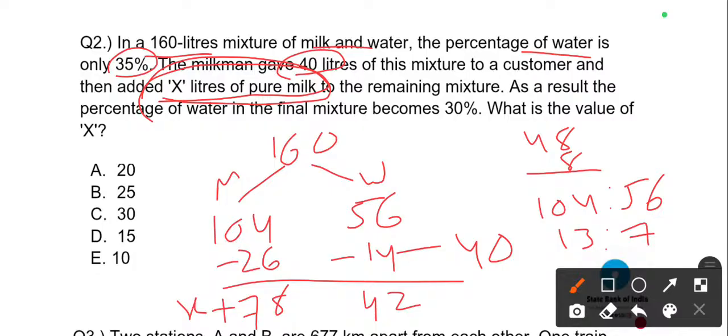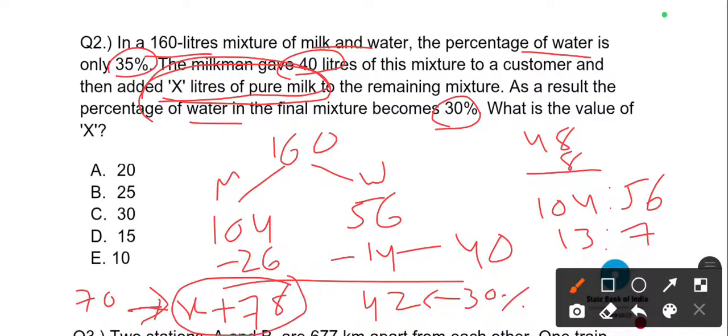As a result, the percentage of water in the final mixture becomes 30%. So 42 is nothing but 30%, which means this will be 70%. 70% value will be X plus 78.